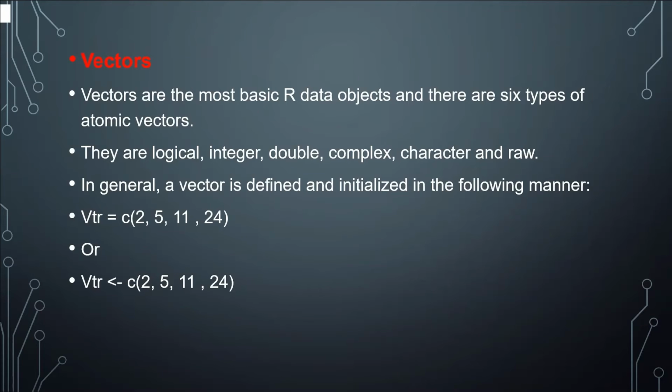The next characteristic is that a vector contains only similar data types. What do you mean by similar? It can hold only logical, or only integer, only one type. I cannot combine all the different types. That's it.